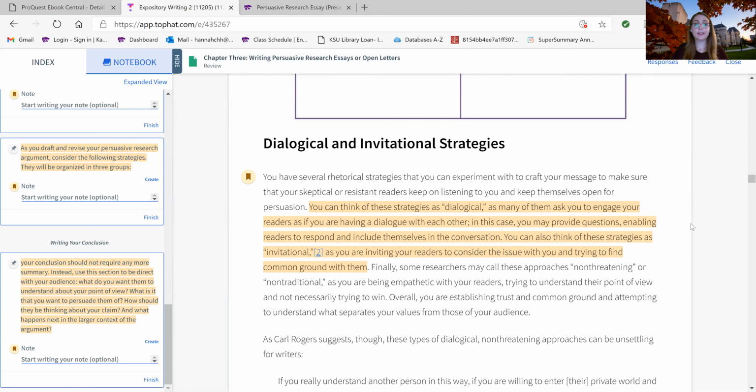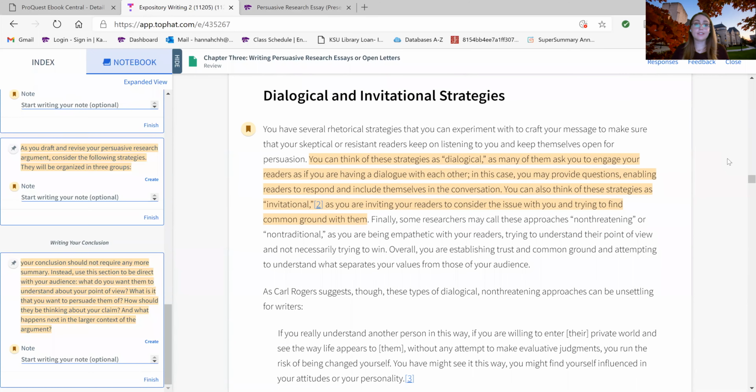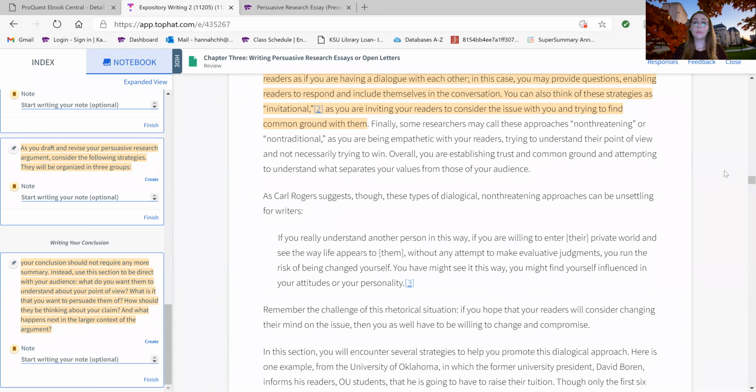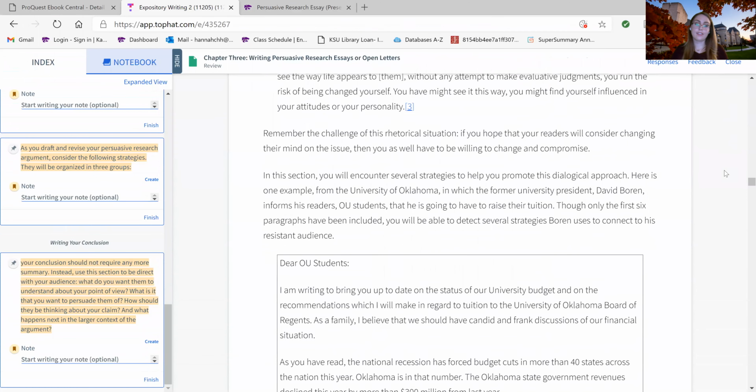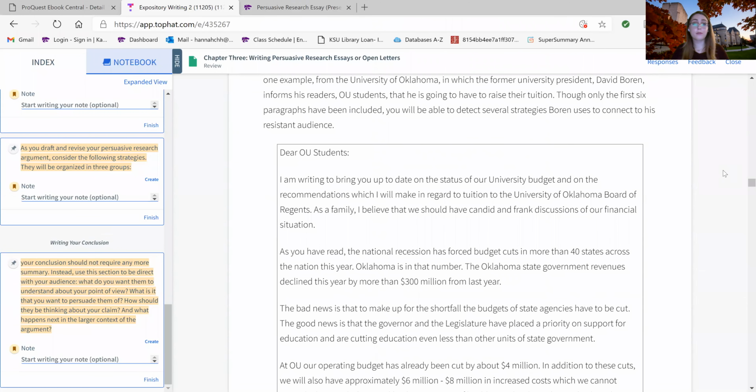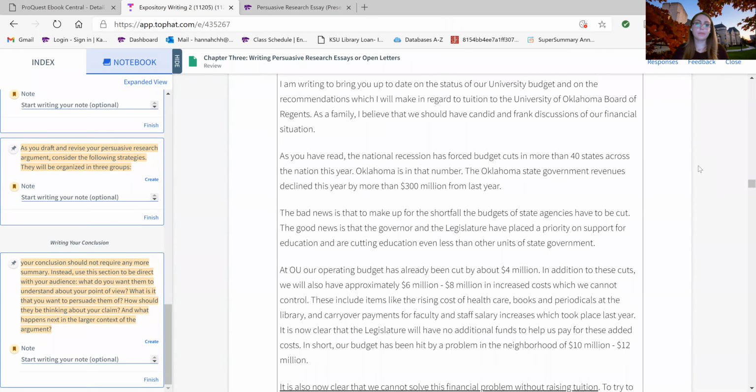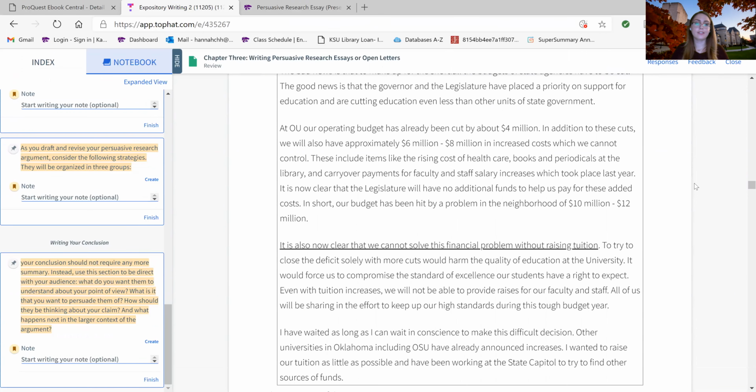You can also think of these strategies as invitational, as you are inviting your readers to consider the issue with you and trying to find common ground with them. So basically, dialogical strategies are just non-threatening strategies. They're more open for a resistant audience, and it's easier to persuade a resistant audience with them because of this conversational format of the essay. Organization-wise, your tone should still be fairly formal, it's just easier to persuade the resistant audience.